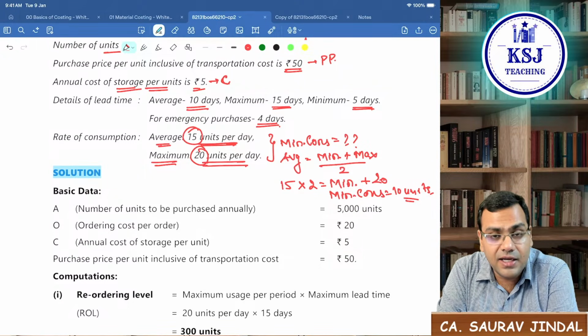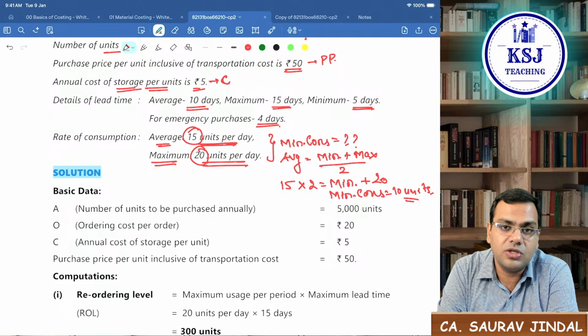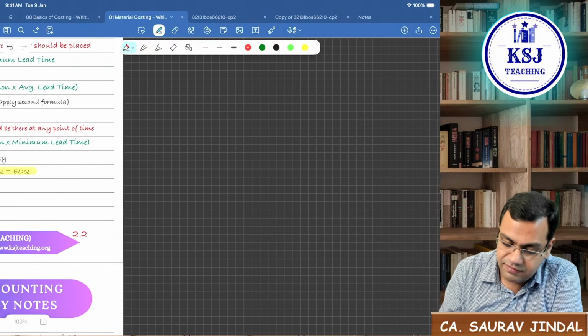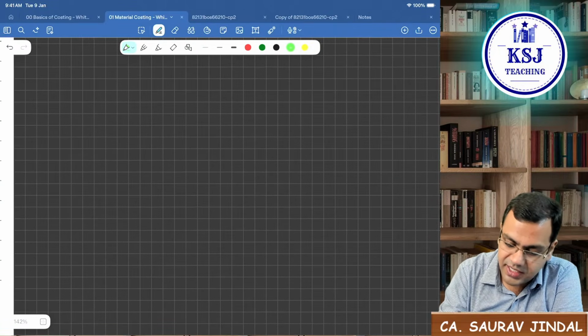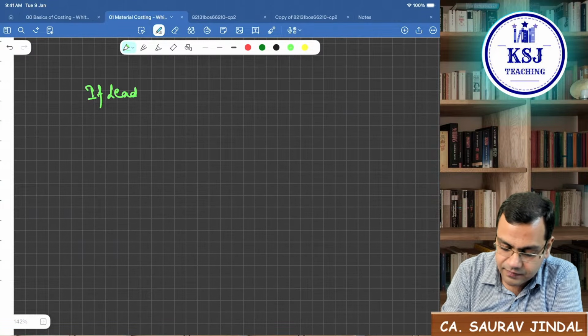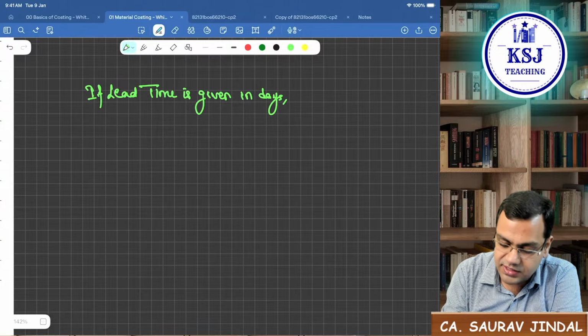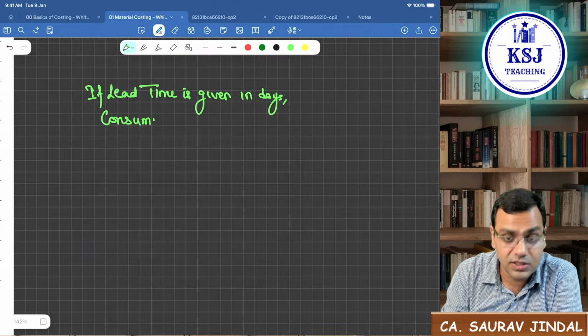If your lead time is in weeks, then your consumption should also be in weeks. Very important point. What we are saying is that if lead time is given in days, then your consumption should also be in days.